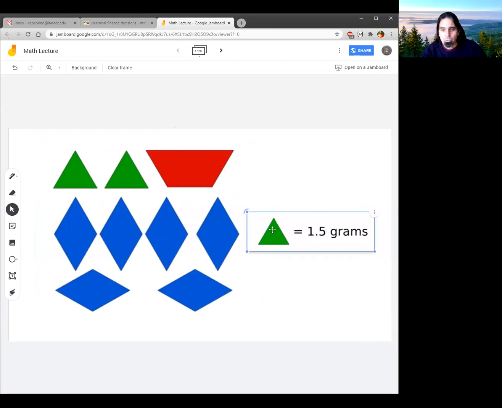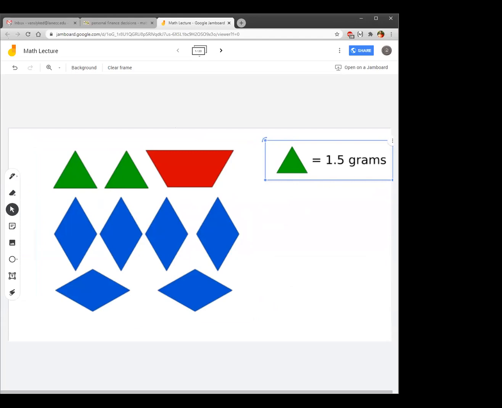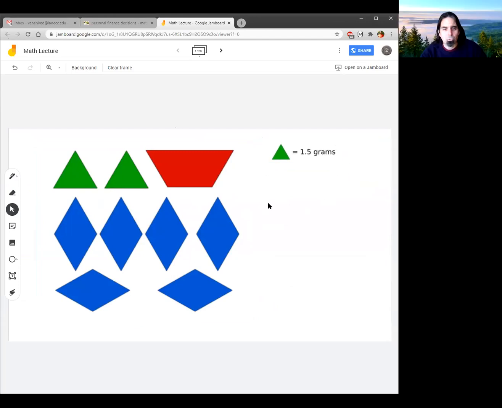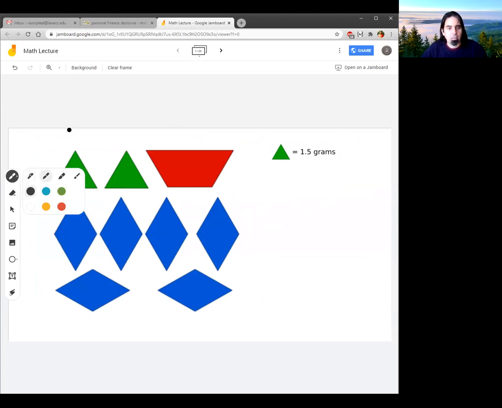I think I know where you're going, but just so I'm not jumping to conclusions, I'm going to take the blocks and chop them up into green triangles.